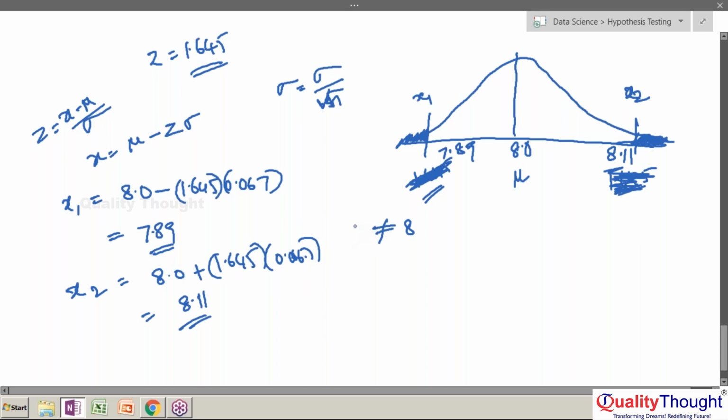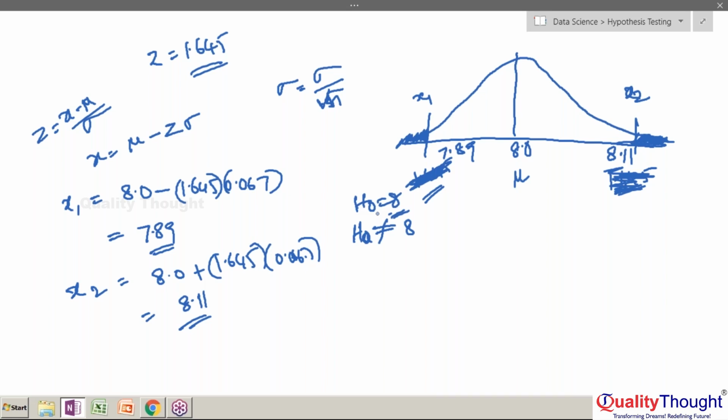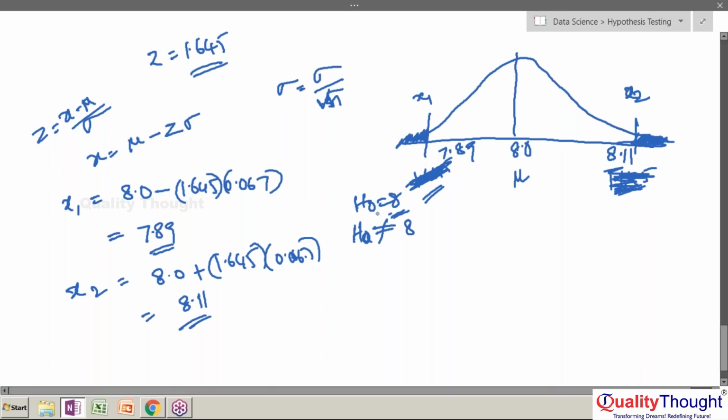That's why the alternate hypothesis is not equal to 8 grams, and the null hypothesis is 8 grams. Whenever we see not equal to, it may be lesser or greater. 7.89 should work, otherwise 8.11 should work, right or wrong?